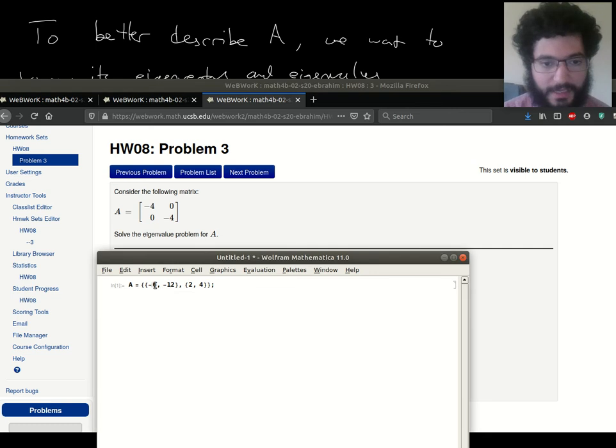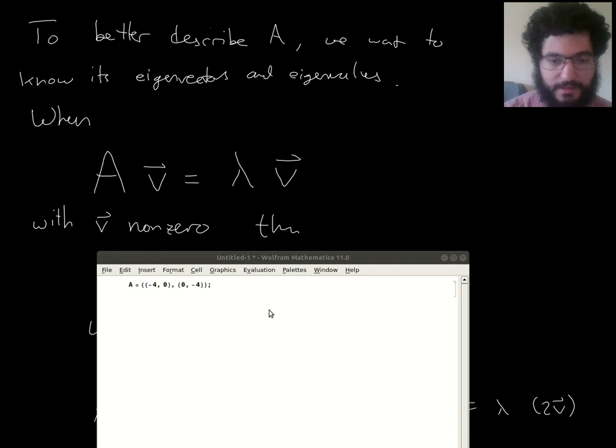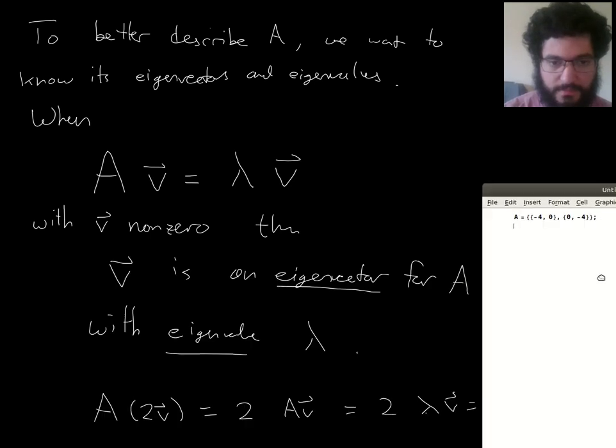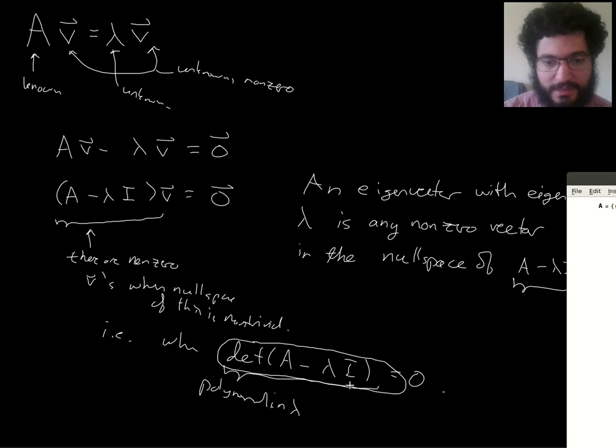But let's proceed blindly and look at the characteristic polynomial. I never used that word, by the way. When you do this polynomial in lambda, it is called the characteristic polynomial of the matrix.